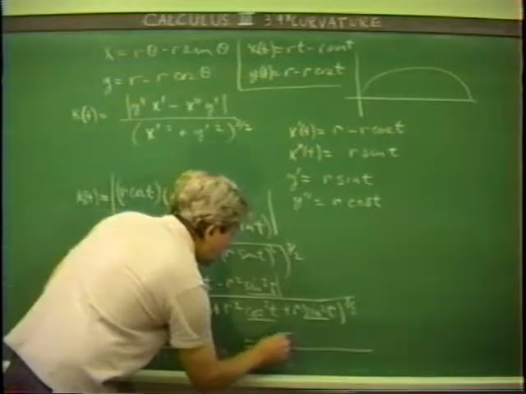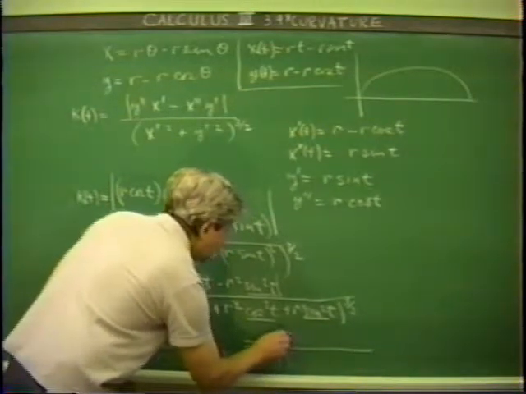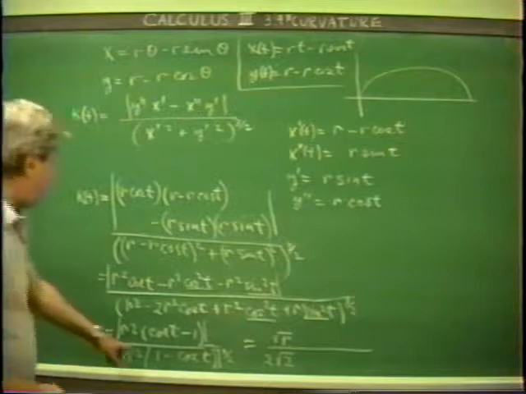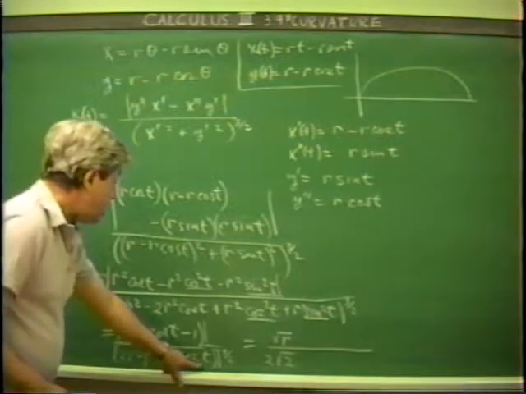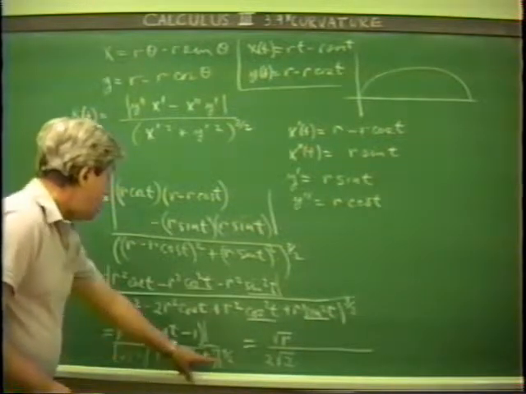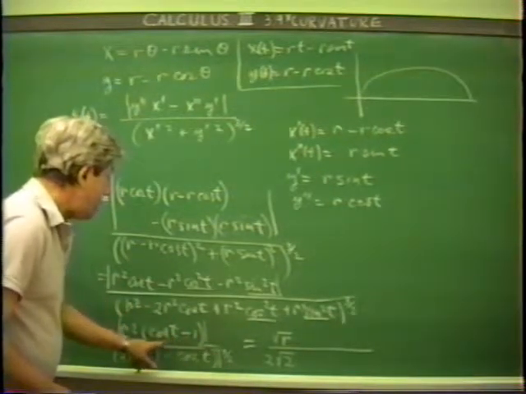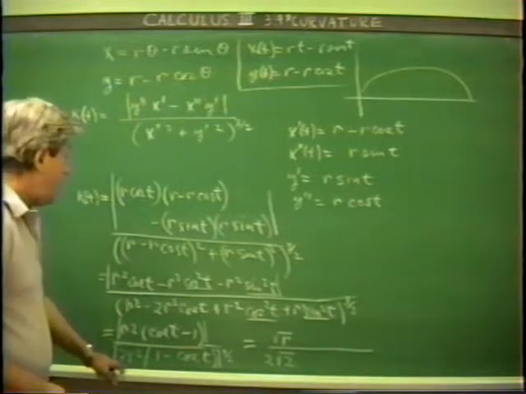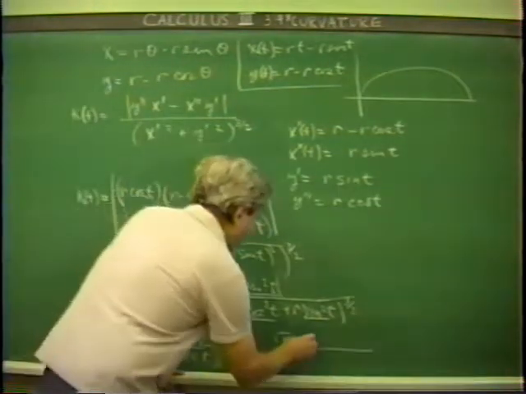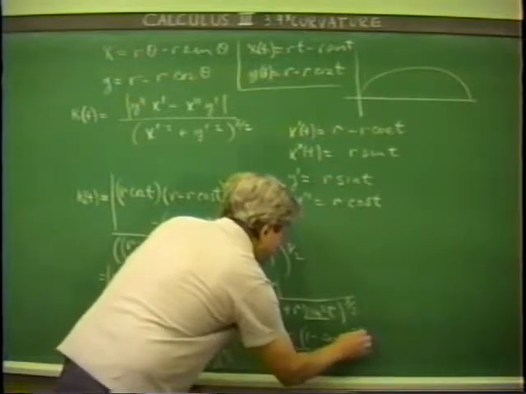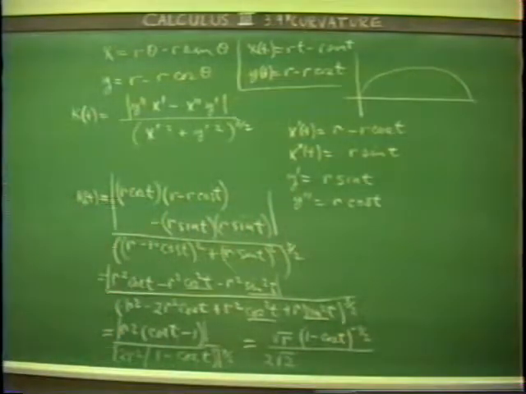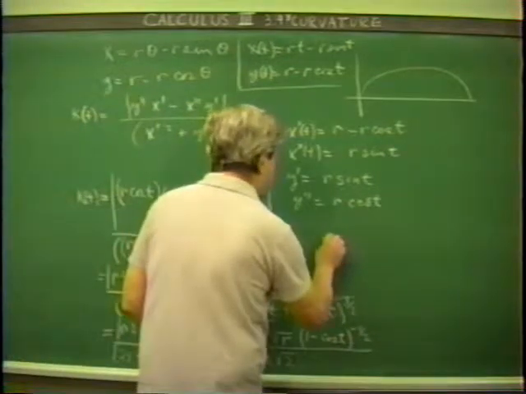R squared to the 3/2, divide that into r squared is going to give us 1 over square root of r. And now we've got 1 minus cosine t to the 3/2, and cosine t minus 1 in absolute value, which is 1 minus cosine t. And so this is going to give us 1 minus cosine t to the minus 1/2 power.